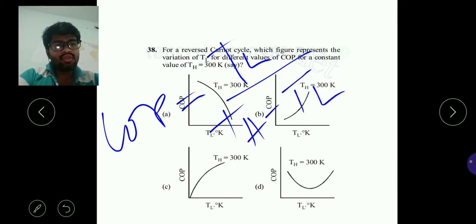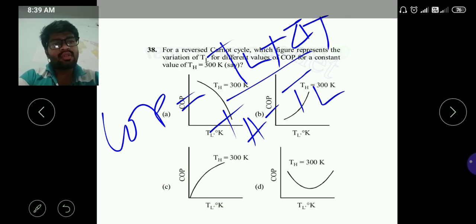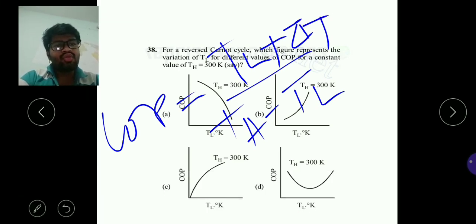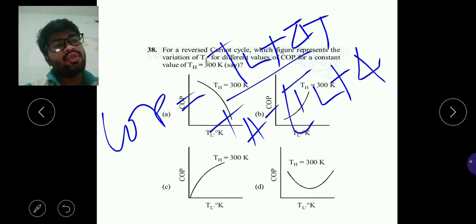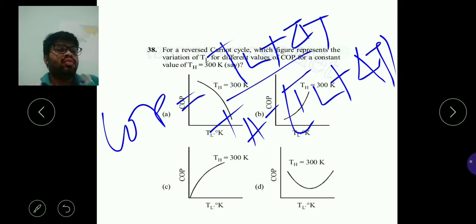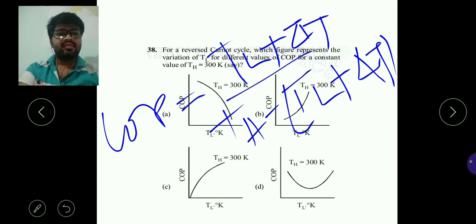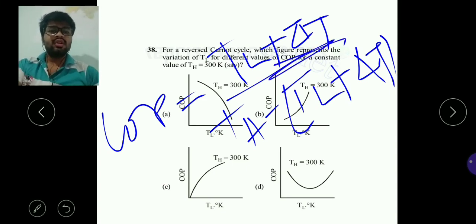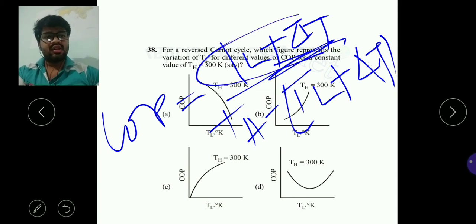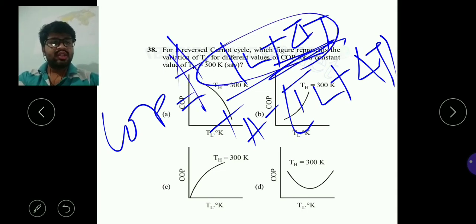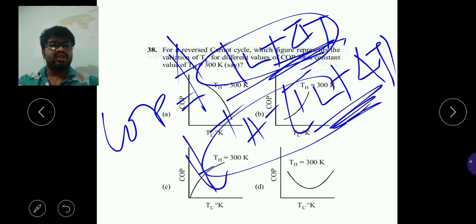If we increase TL, the lower temperature, suppose by del T, an amount of change in temperature, we add del T in the upper side and del T here also. So if we increase the lower temperature, this upper part increases, and if we add del T to this, the lower part decreases.